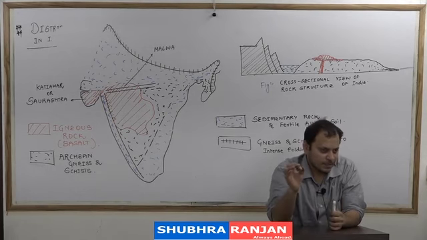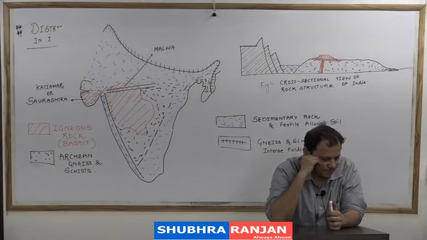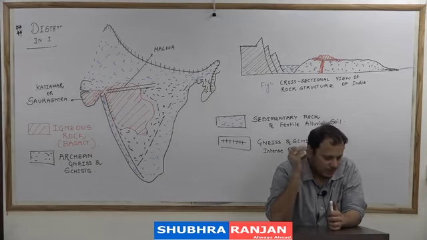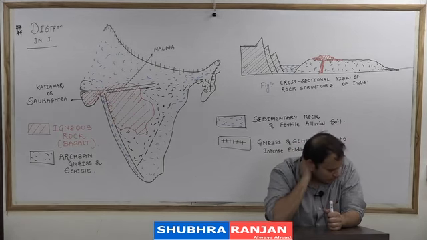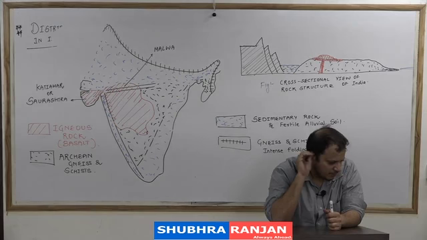Great Plains of India, stretching between Indus to Brahmaputra.